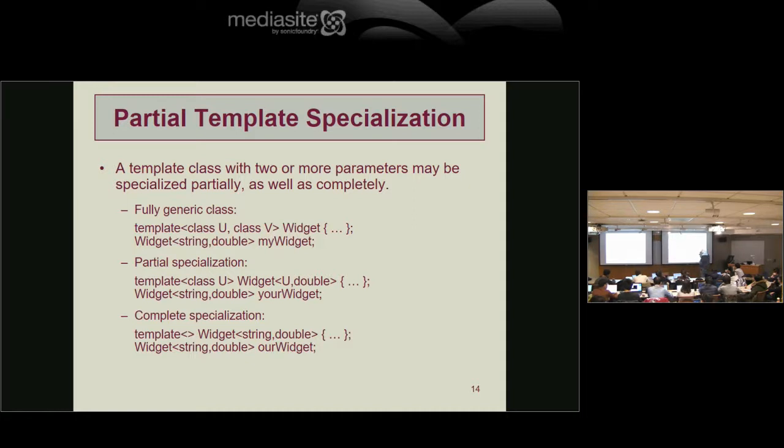But if these are my only specializations, so here I have two specializations, if I instantiate this on int and double, then it'll choose this one, but it won't choose this one because this is string and double. So if I chose it for int, I have a specialization for double, so it would use that. Okay.